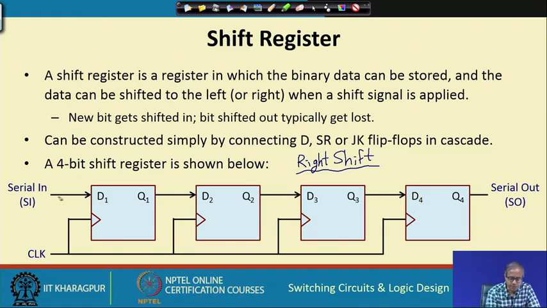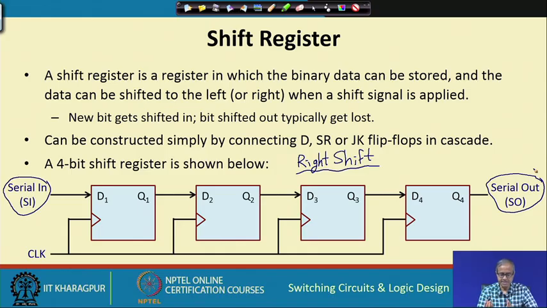The first flip flop is getting its input from an external input called serial in. The second flip flop is getting the data input from the output of the previous. Similarly, the third D3 is getting from the output Q2, D4 is getting from the output Q3, and the final flip flop output, that you are calling as serial output.